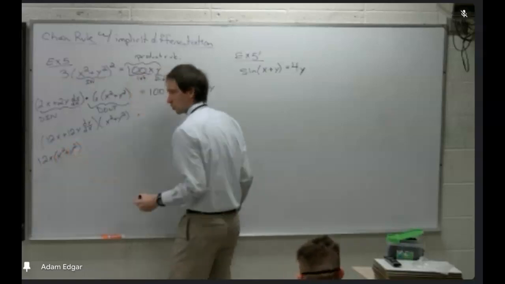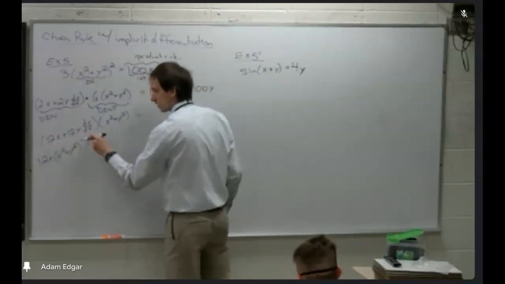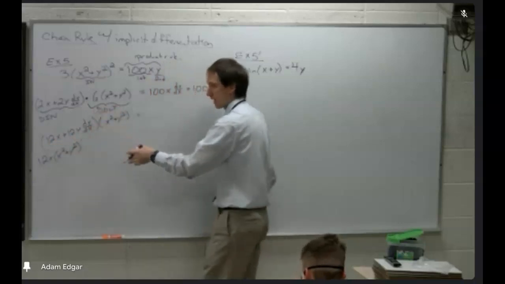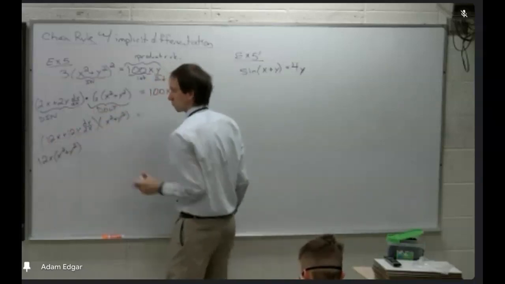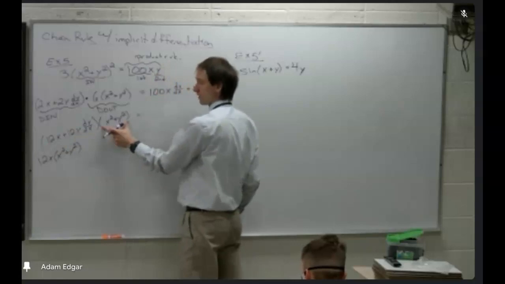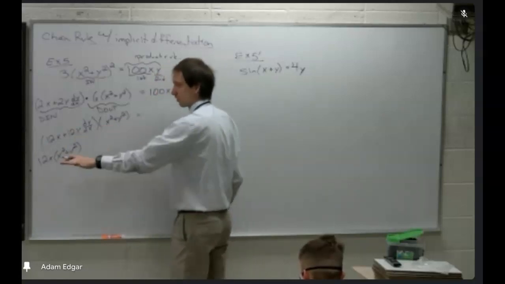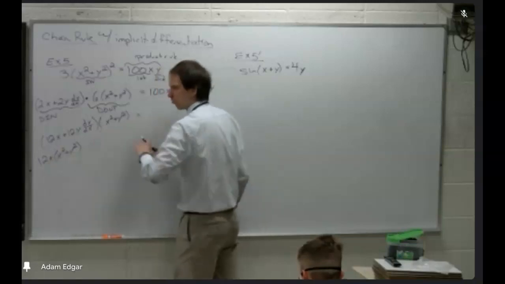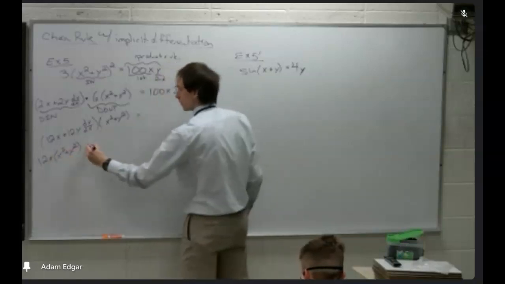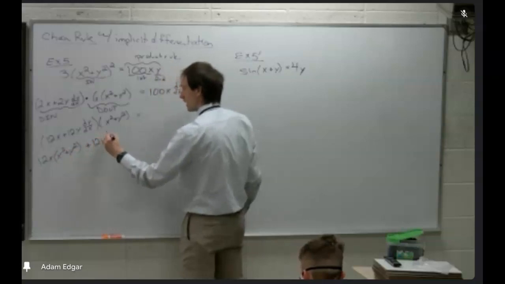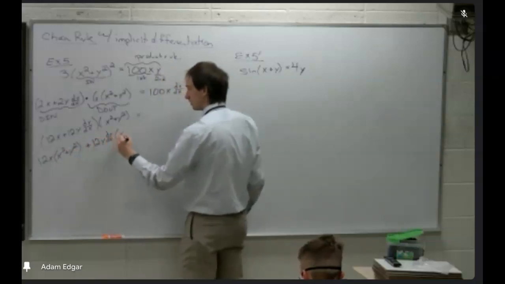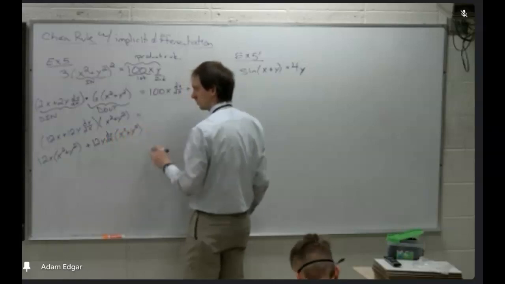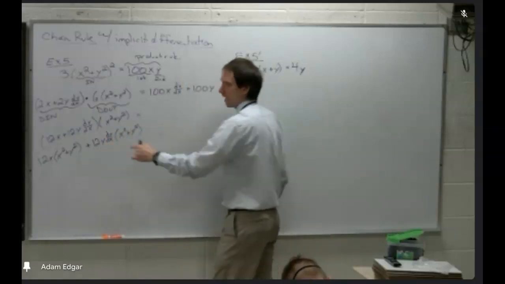So I'm going to take each term here in the factor that has the dy/dx and just multiply it to the front of this other factor, but not really distribute it through. So 12x is multiplying all this stuff, but I don't really do it. And the 12y dy/dx is multiplying all this stuff. But again, don't really do it. Just say, hey, these guys are multiplying.